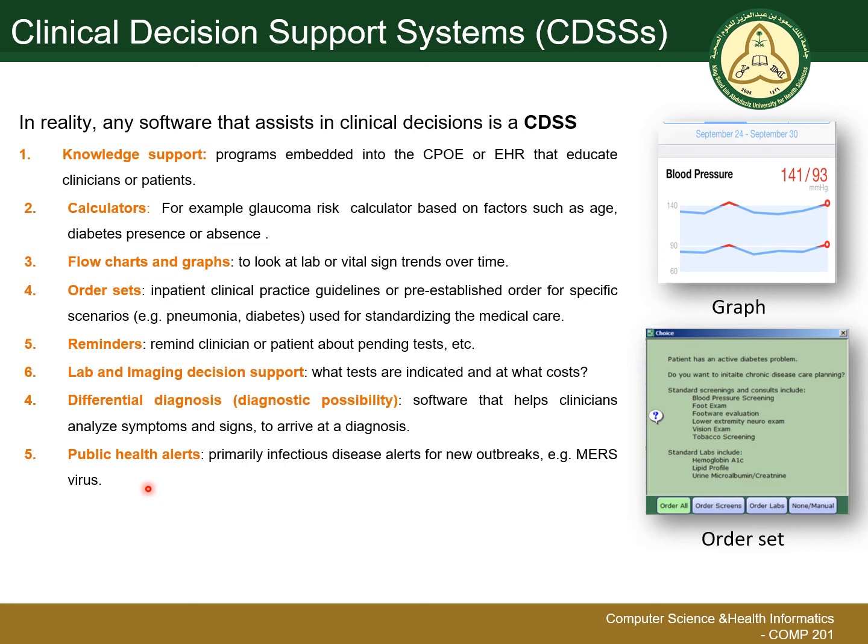This virus was alerted and reported by public health alerts of different hospitals in the Kingdom of Saudi Arabia, and they notified the Ministry of Health about having this disease in different regions and the number of the patients of that disease.